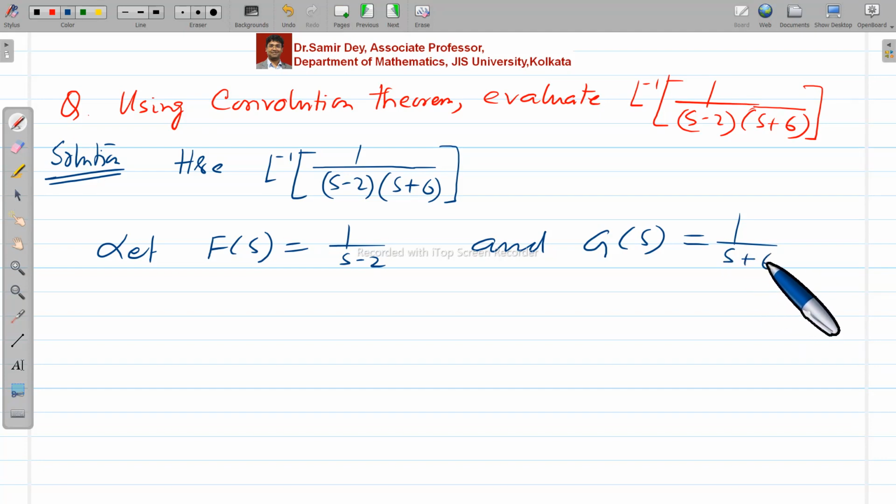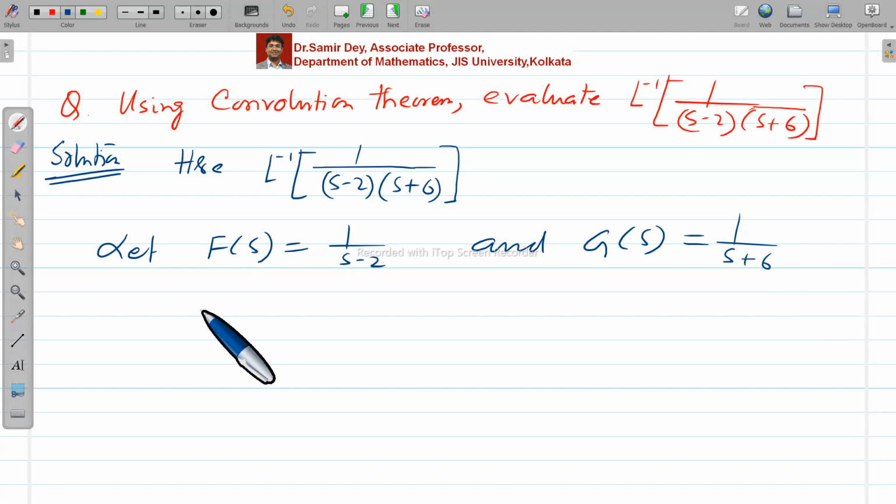Suppose you have a question in your mind: can I consider the reverse of it? That means F(s) equals 1 by s plus 6 and G(s) equals 1 by s minus 2. Yes, you can. There is no problem. Here I have considered the first part as F(s) and the second part G(s) equals 1 by s plus 6.